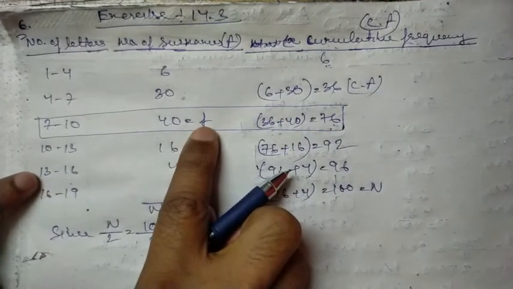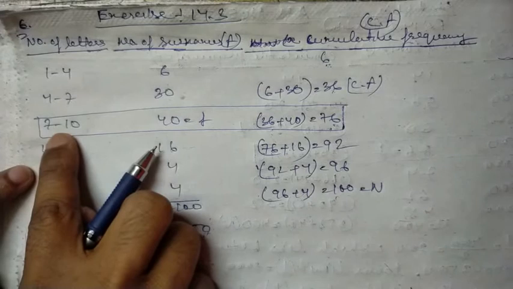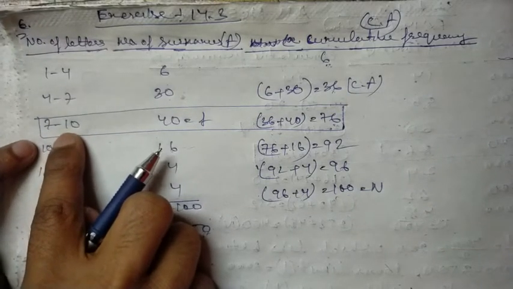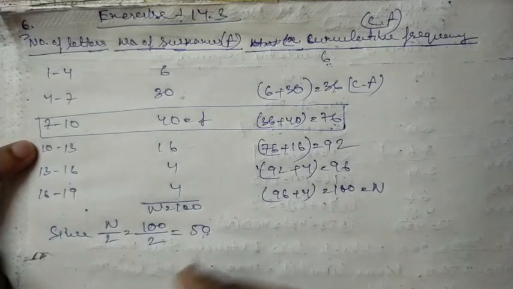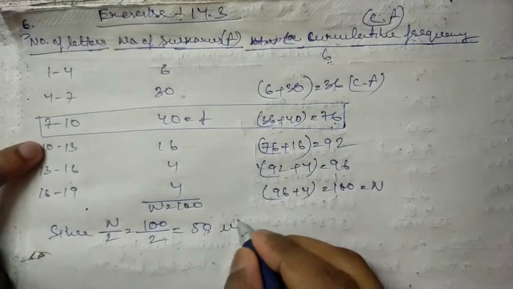This is the frequency of the median class, and this is the cumulative frequency of the class preceding the median class.